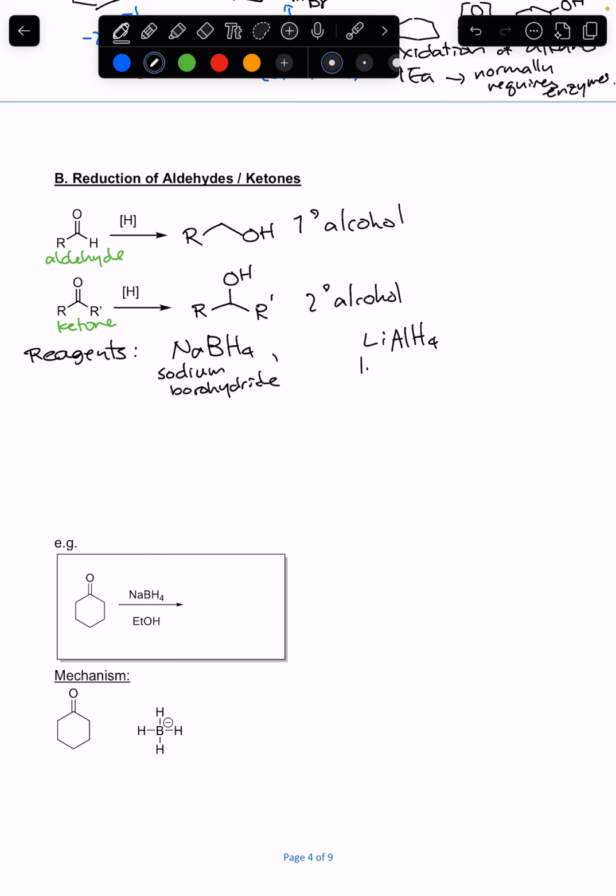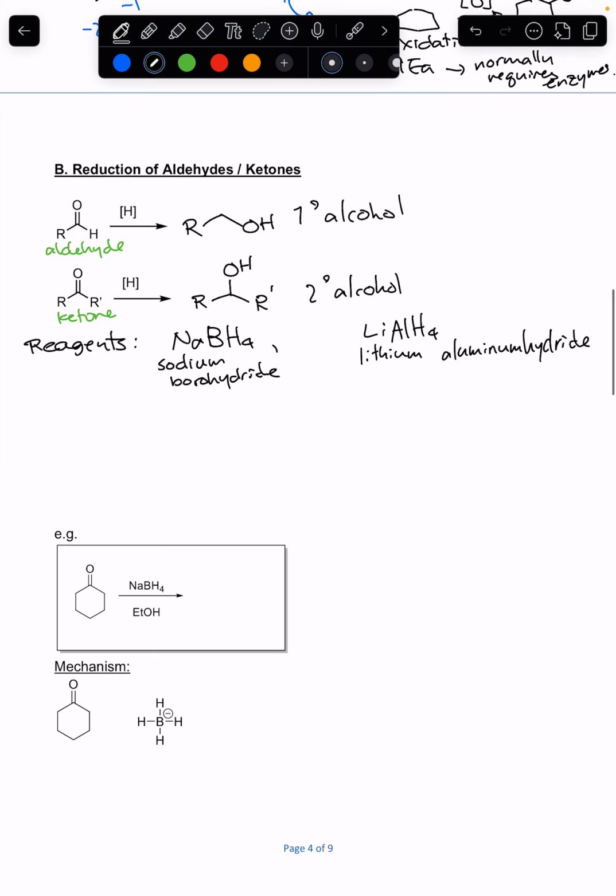If you look at the structure, it looks like this. And of course, the sodium is just a spectator ion, so we're not going to draw it or consider it. Same with the lithium here. So there's a negative charge on the central atom.